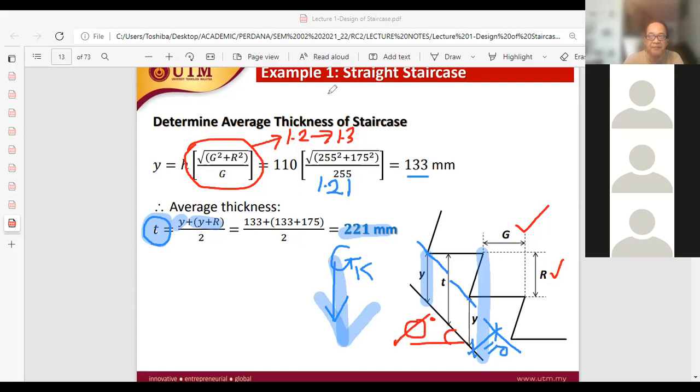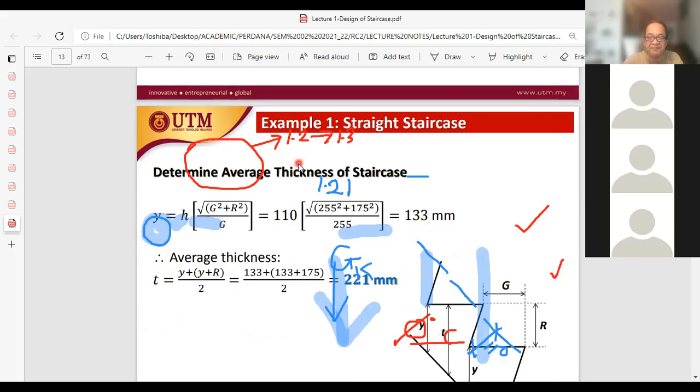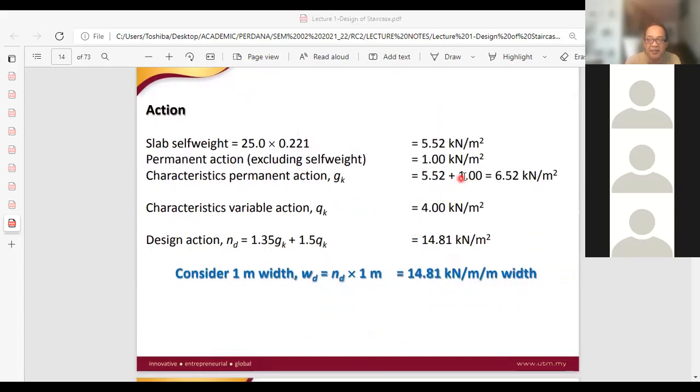And moving on, from the average thickness, dapatlah dia punya total GK. We obtain the total from this average thickness T, multiply by density. Remember density concrete?